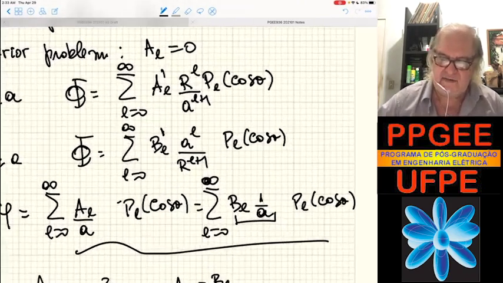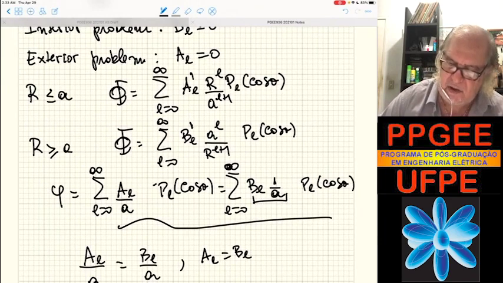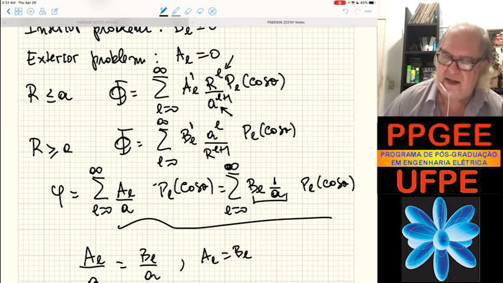So what happens here, for R smaller than A, I have the smaller between R and A on top, and the larger on the denominator.